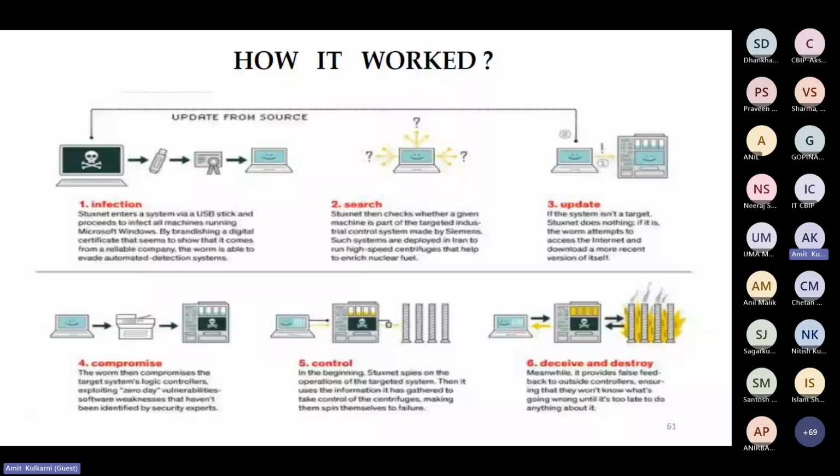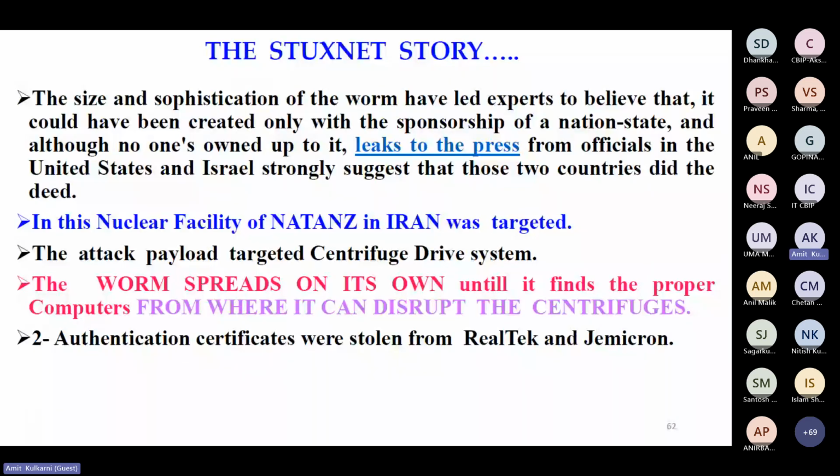Next, it looked into the compromised system and carried out a zero day exploit, making use of a zero day vulnerability. Then it took control over this system and decided to further impact the centrifuges. And the moment it impacted, it resulted in a lot of centrifuges, more than 2000 centrifuges in the Iranian nuclear plant, getting damaged, literally broken because of this attack.